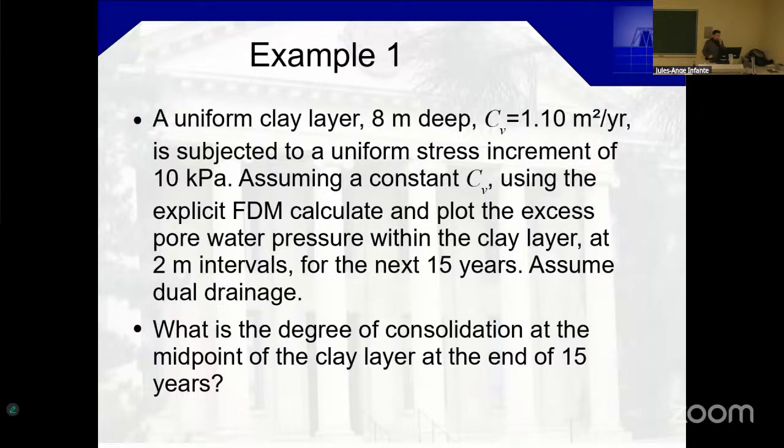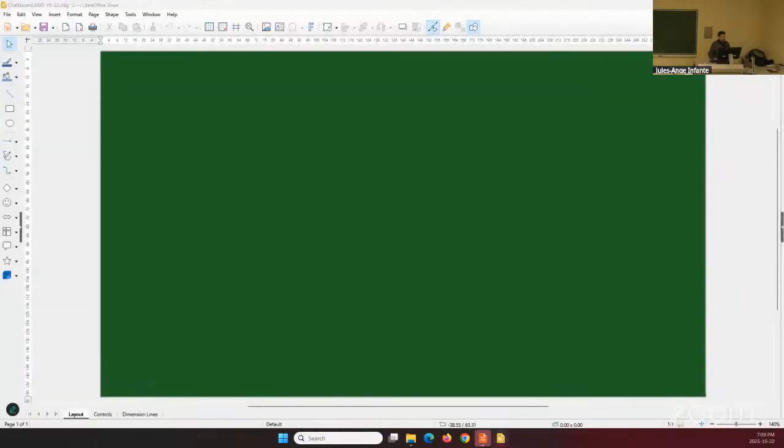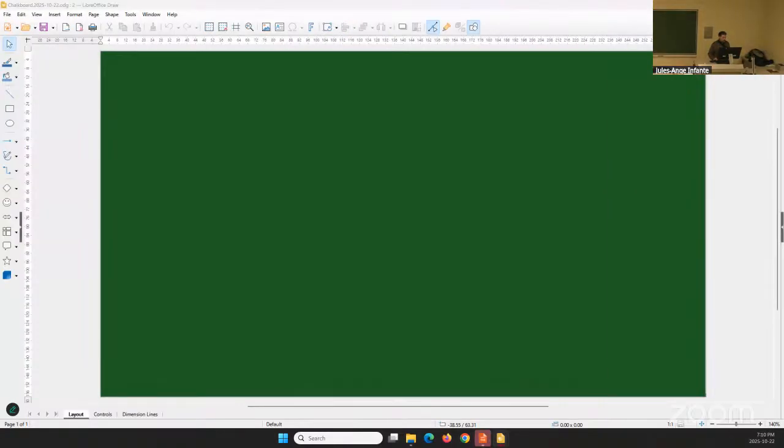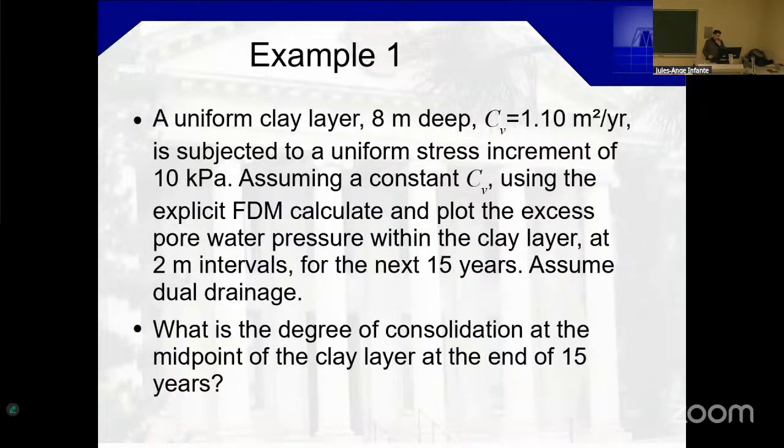We have CV of 110 meter square per year. An increment of stress of 10 kPa, meter interval, 15 years.